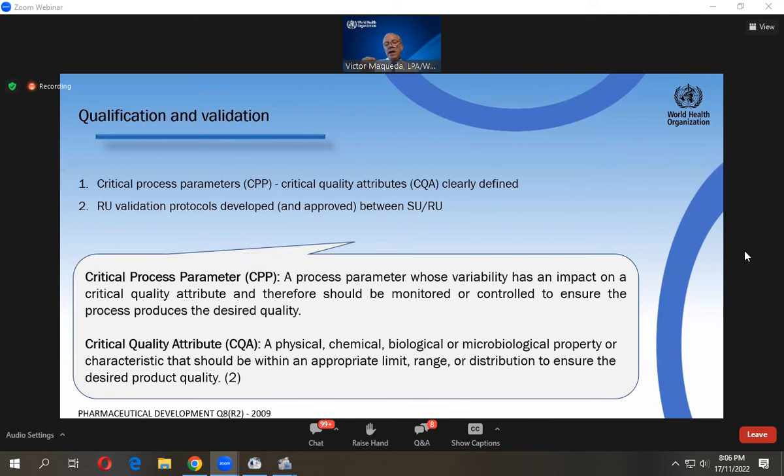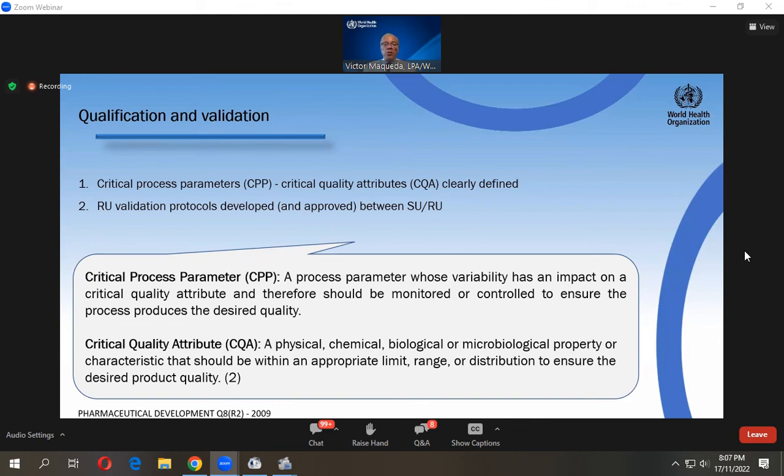This means that you might have other process parameters which has a less impact that should also be identified, but they're not part of the critical process parameter. They're non-critical process parameter. Just wanted to clarify that.